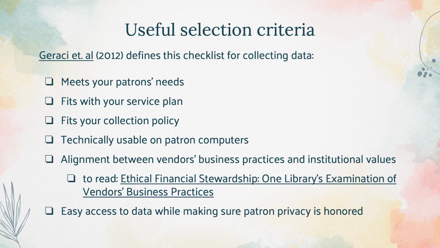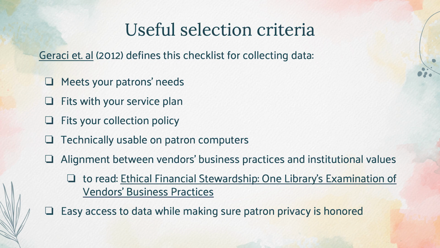But again, if it's 5 terabytes of data, your patrons probably aren't going to be able to just download that off a web browser and be able to use it on their computers easily. So we have to come up with some mechanisms for either doing that, or we can say no to that data if we can't find a way to make it usable on people's machines.